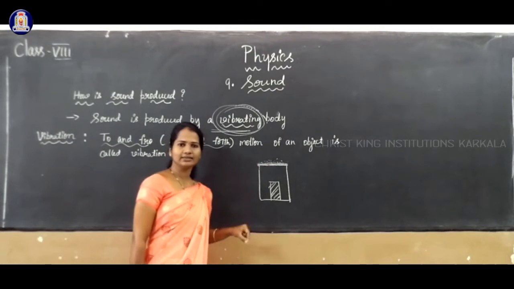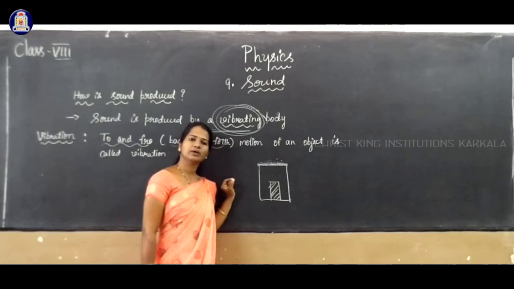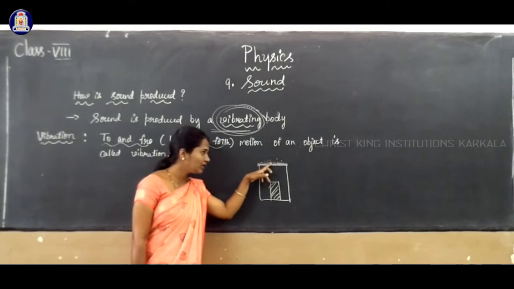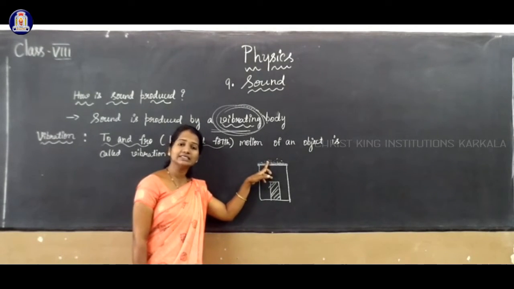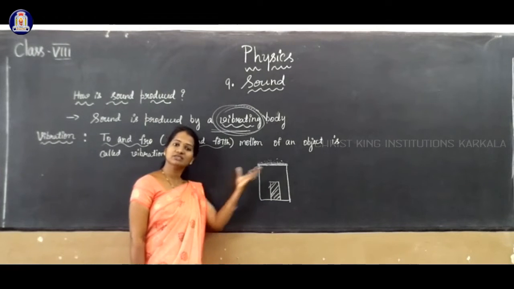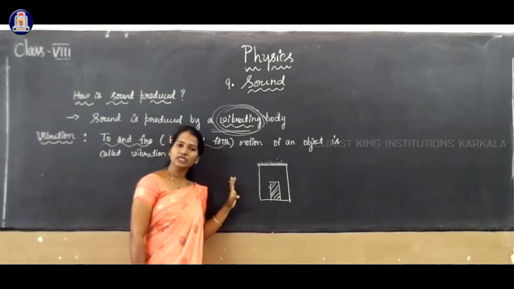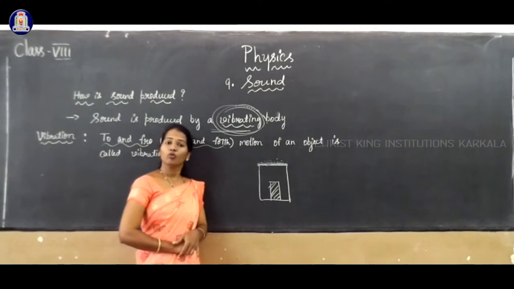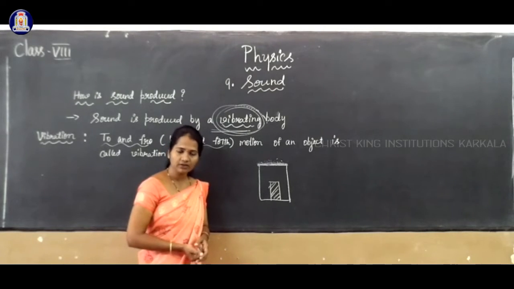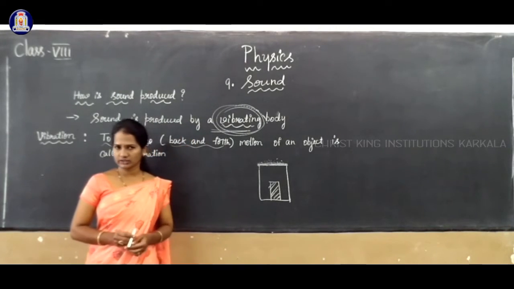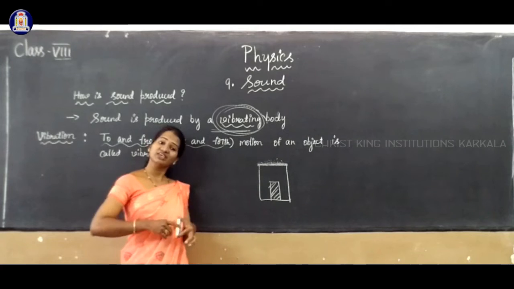So you can say that sound is produced by vibration. The sand starts moving, so the vibration is visible here. Vibrations are sometimes visible, sometimes not visible, and sometimes we can only feel them.